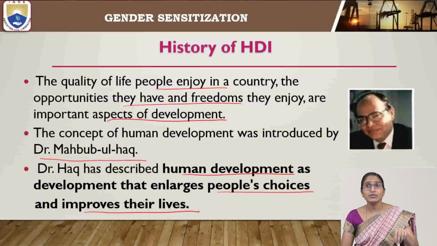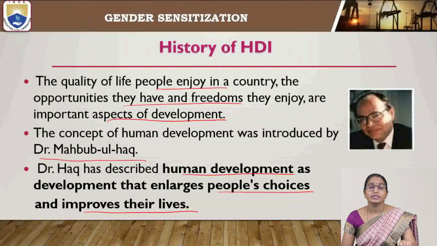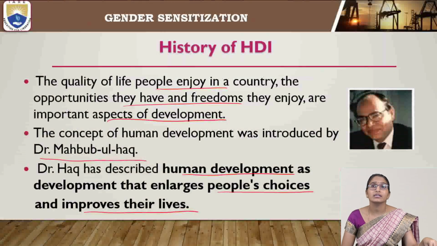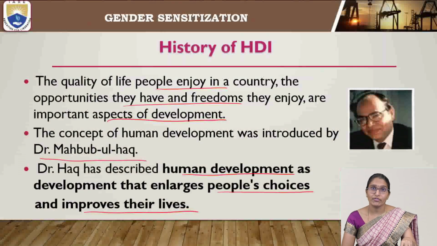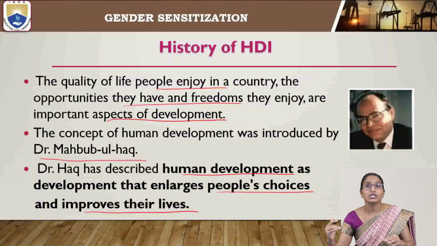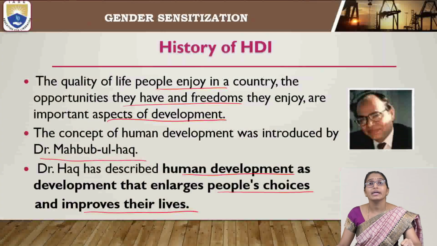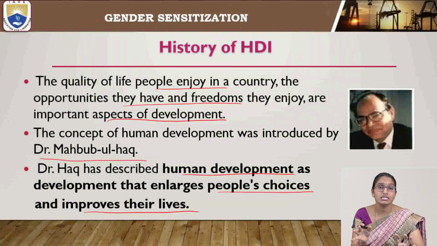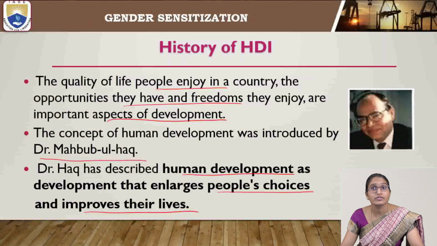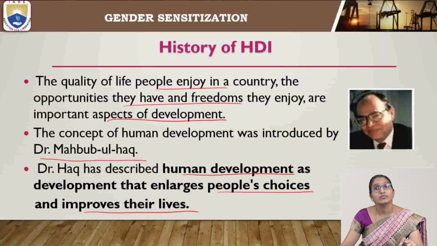People are called developed only when they have plenty of resources and are utilizing them and improving their lives. When they have choices and take them and use them for the improvement of their life, this is called human development.